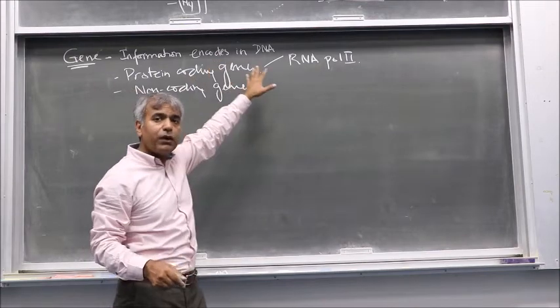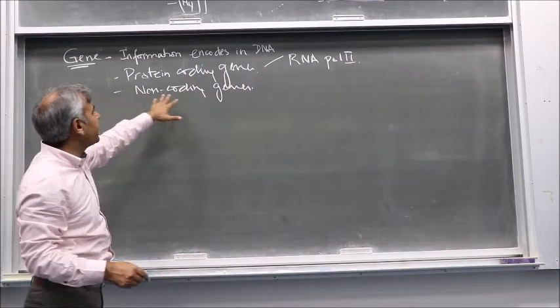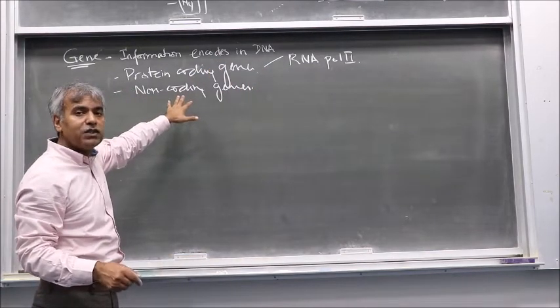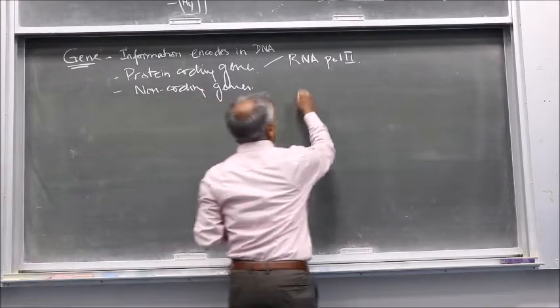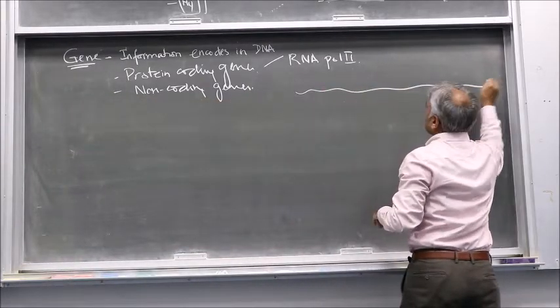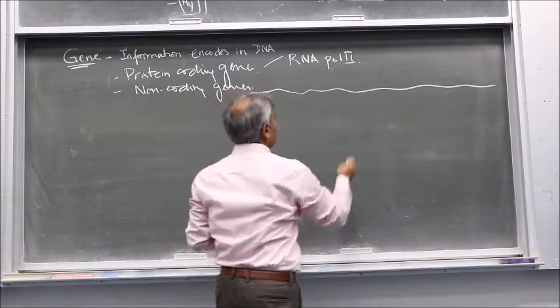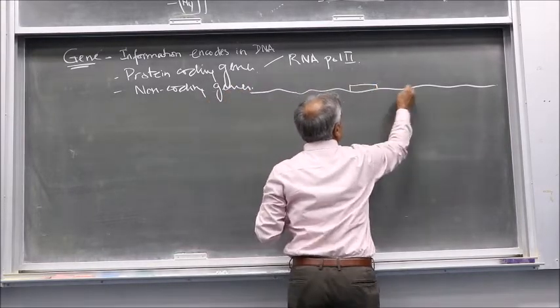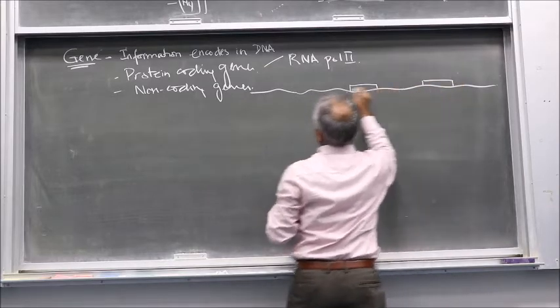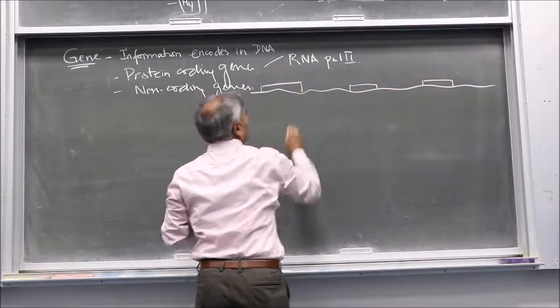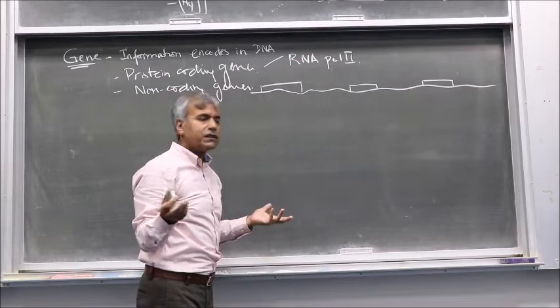They will be protein coding genes, and there are non-coding genes. If I draw, for example, just a piece of chromosome, we may have these rectangles, which are, for example, protein coding genes.